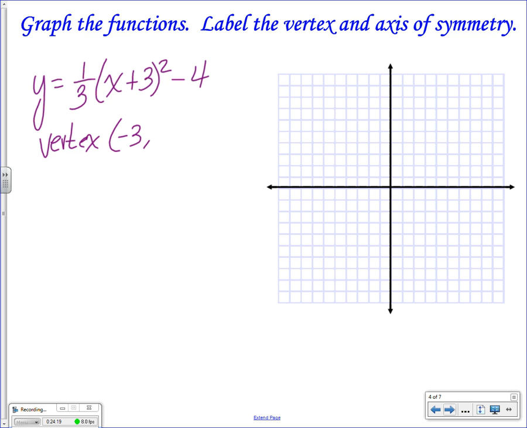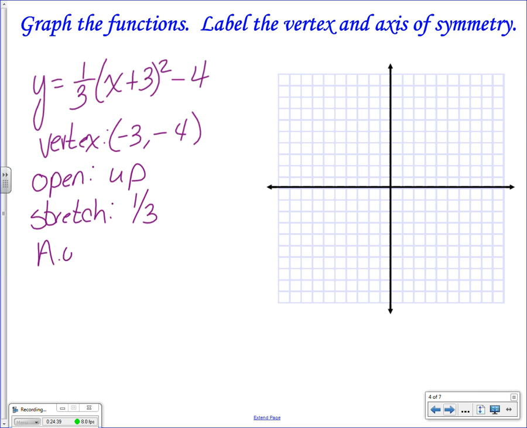Negative 3, negative 4. Remember, inside changes. Is it opening up or down? Up. What's my stretch? 1/3. And axis of symmetry? x equals negative 3. The x coordinate, not what's in here. X coordinate, okay?